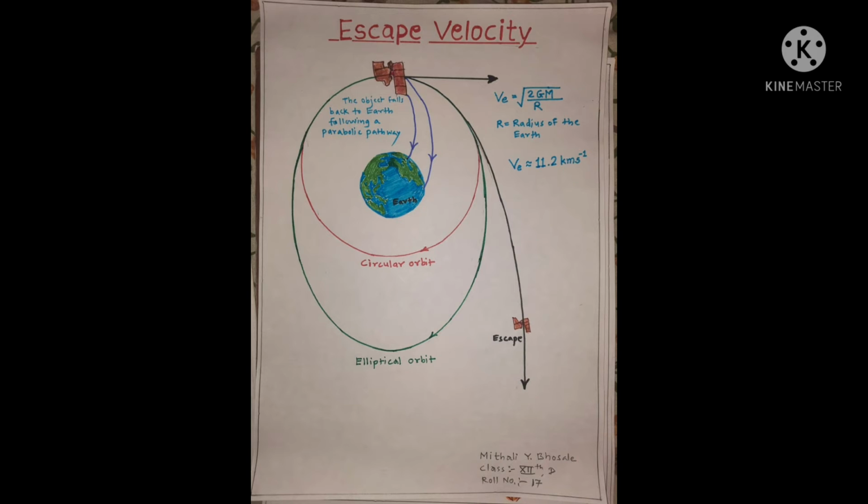Putting the values of G and M, the mass of the Earth, we obtain the value of escape velocity as 11.2 km per second.